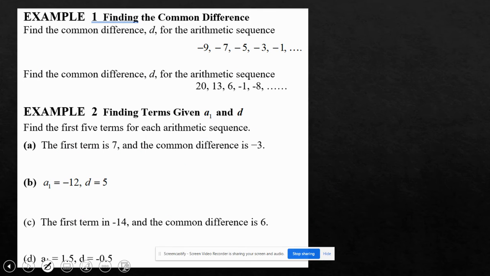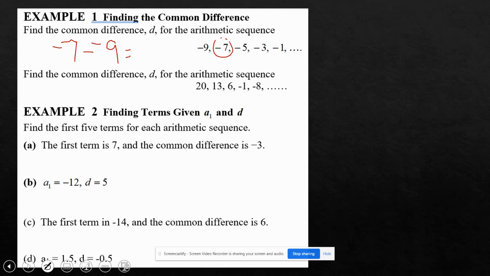So if I'm looking at our example 1 on our note sheet, we're trying to find the common difference. What am I adding or subtracting every single time? There's two ways to do this. We can use the formula that we were just looking at, which would be negative 7 minus negative 9.